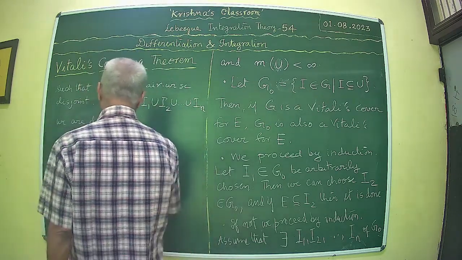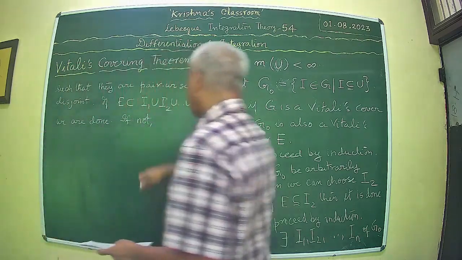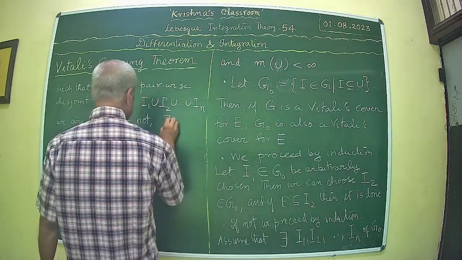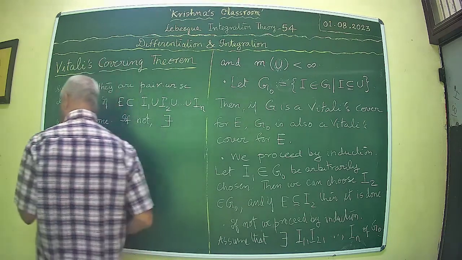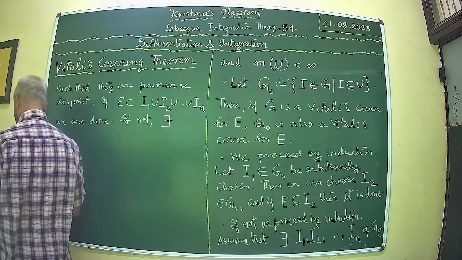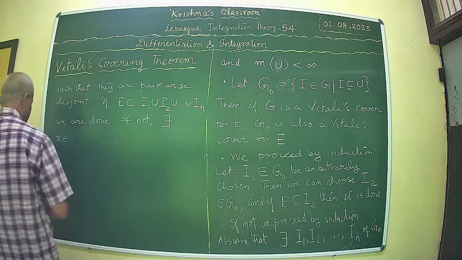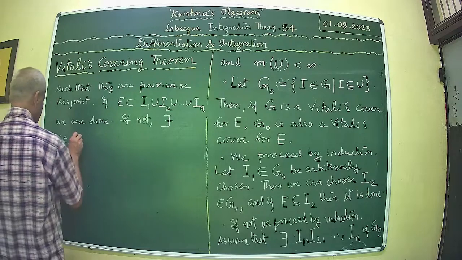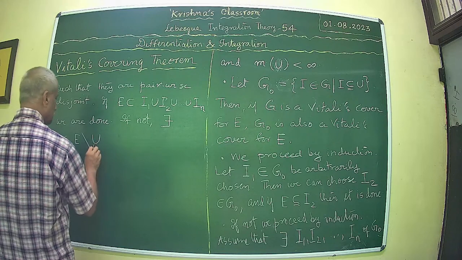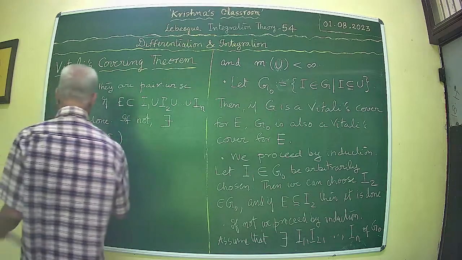So if not, there exists x belonging to E not in Ik.